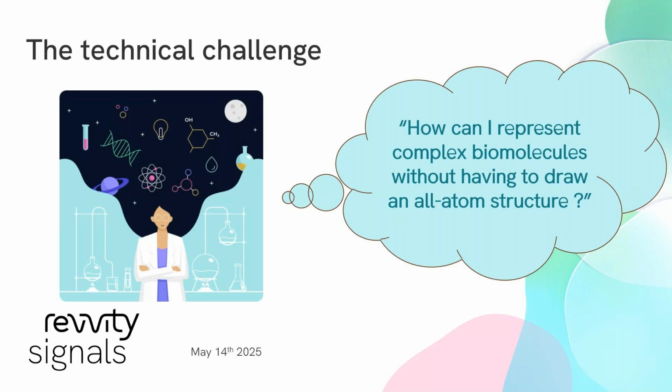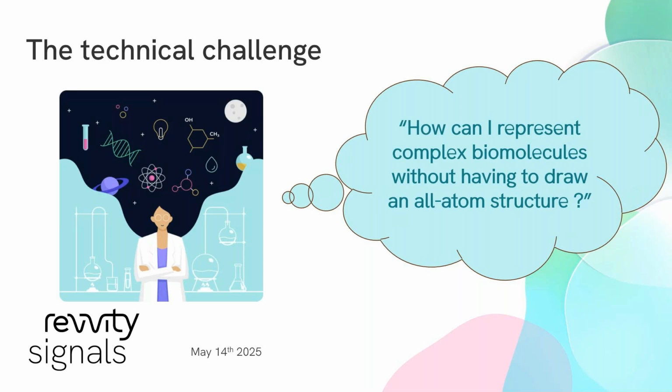You can imagine that if you want, for instance, to represent a peptide, after a few residues you will already have drawn several tens of atoms, which can be a bit painstaking if your biomolecule has several tens of those residues, right? So there should be a better way than having to do an all atom structure representation.